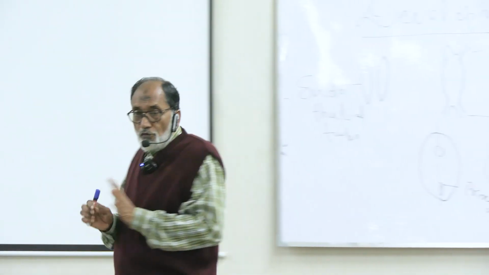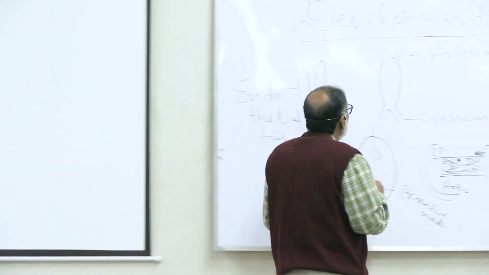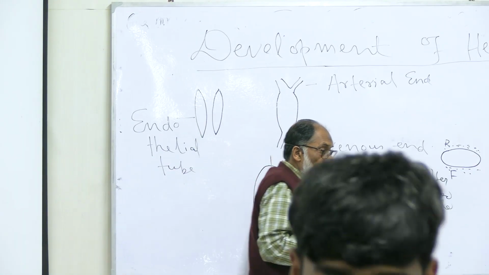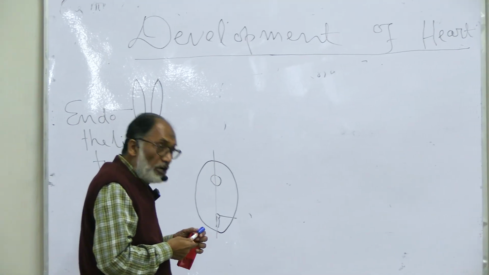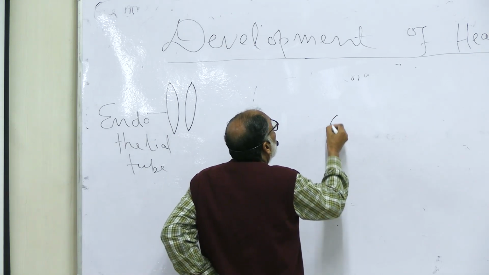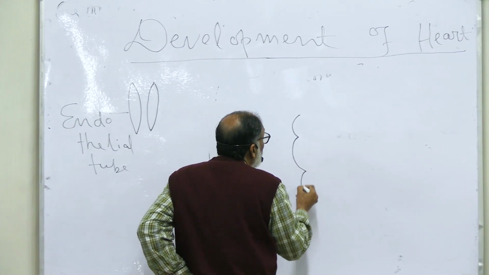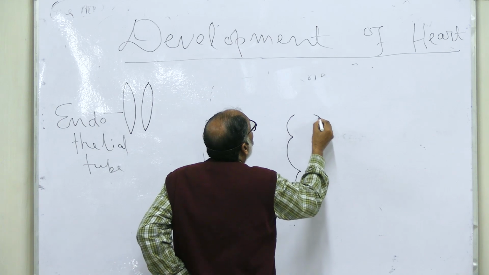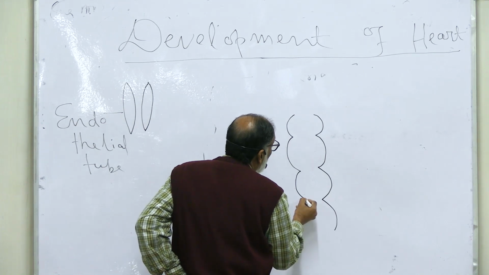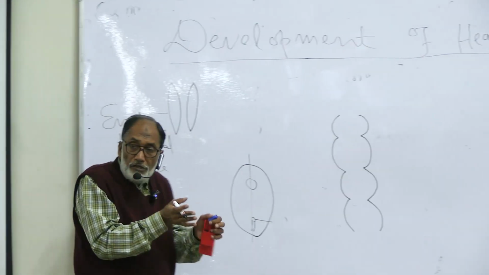Now this heart tube will show some dilatations. A series of dilatations will appear along the heart tube, and the heart tube will look like this. The cephalic end and caudal end will remain bifurcated.